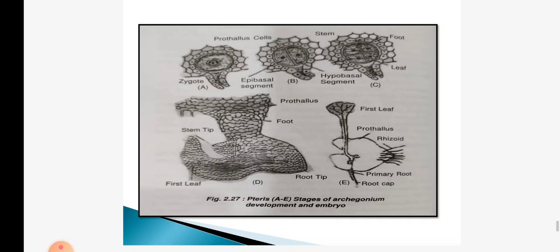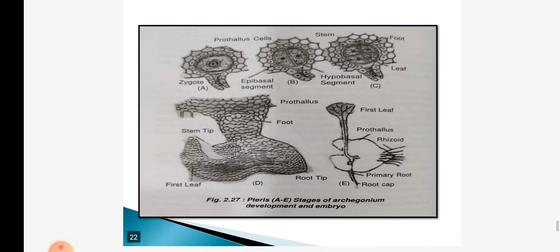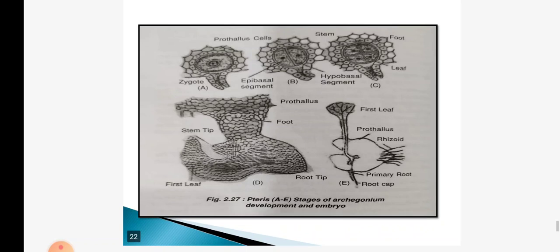There is growth of stem, foot and leaf structure in the prothallus. Then it forms the first leaf. The first leaf is formed and the Pteris plant starts to develop from the plantlet stage. First plantlets are formed, then the entire Pteris plant is formed.